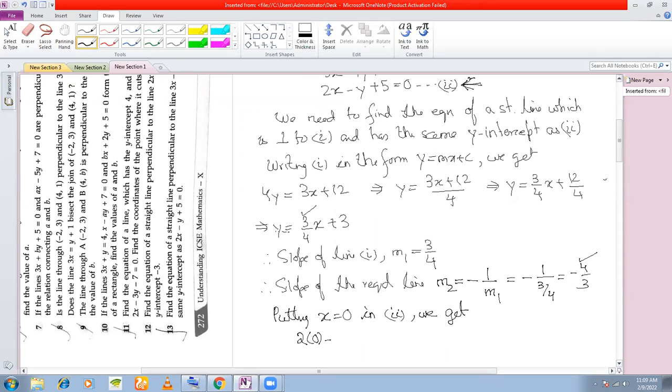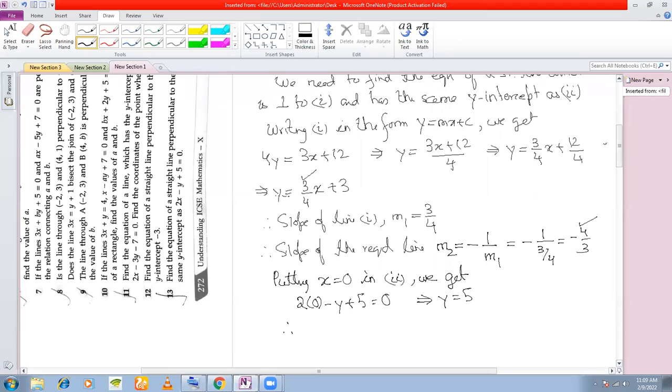Twice into 0 minus y plus 5 is equal to 0, which gives you y is equal to 5. So therefore, what is the y-intercept of the required line? It is plus 5 units, right?